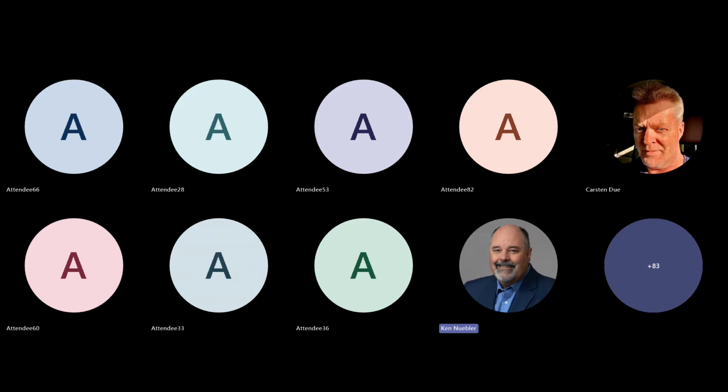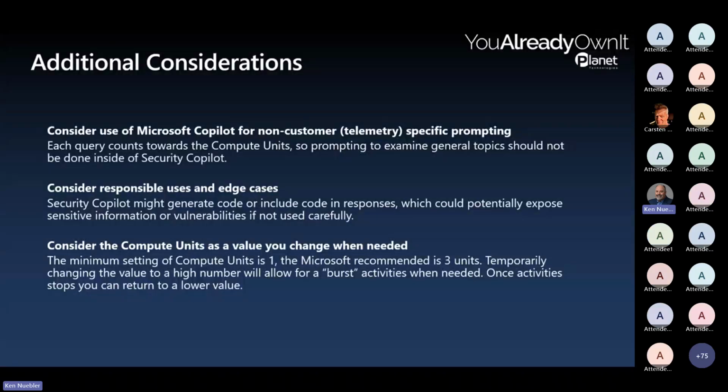Awesome. So let's try to wrap things up with some final additional considerations to think about here, Carson. Can you tell us a little about these? Yeah, I think it's good to mention a couple of considerations here.